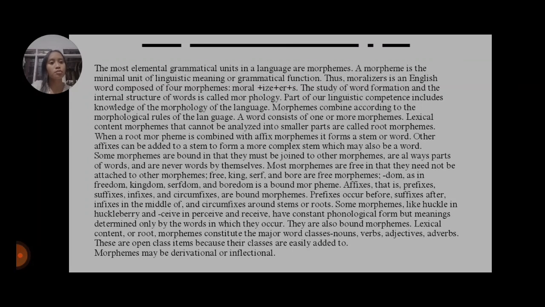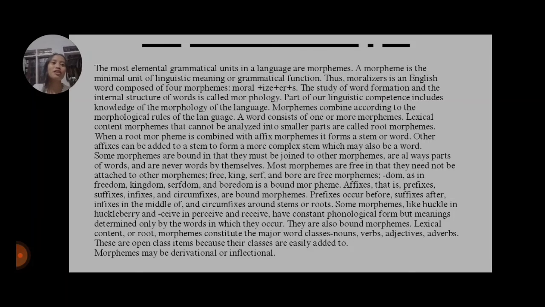Other examples would be dom, as in freedom, kingdom, serfdom, and boredom, which is a bound morpheme. Affixes, that is prefixes, suffixes, infixes, and circumfixes, are bound morphemes. Prefixes occur before, suffixes after, infixes in the middle of, and circumfixes around stems or roots.